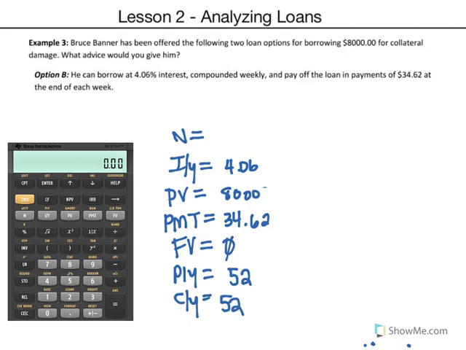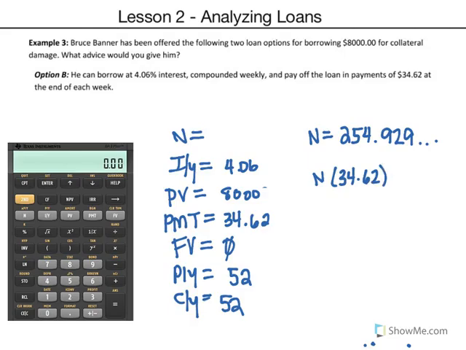So I want you to pause the video and calculate your N. So for N, you should get 254.929. So to figure out his total payments without clearing the calculator screen, take your N and times it by 34.62.